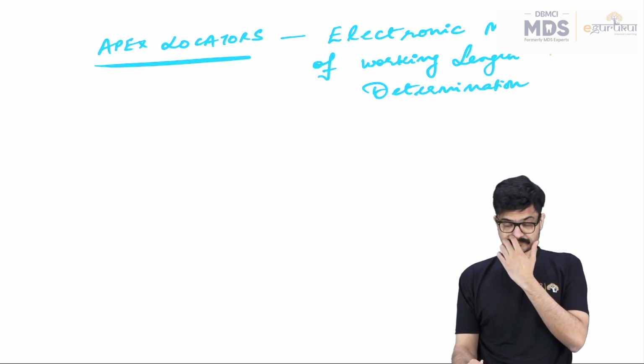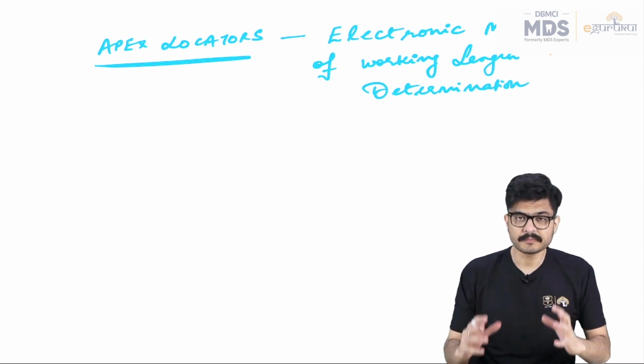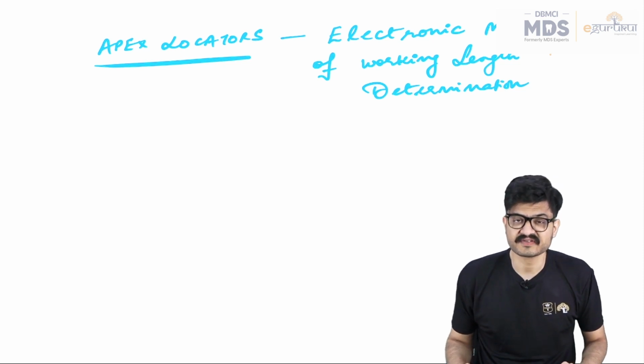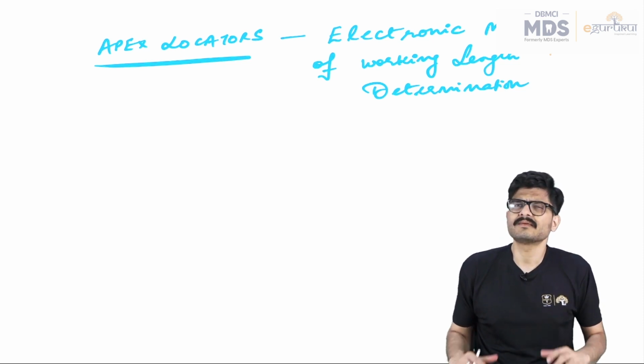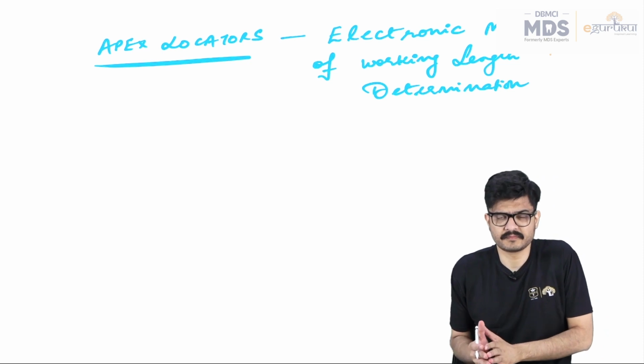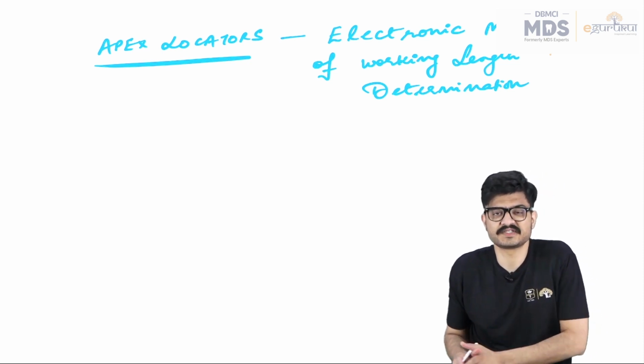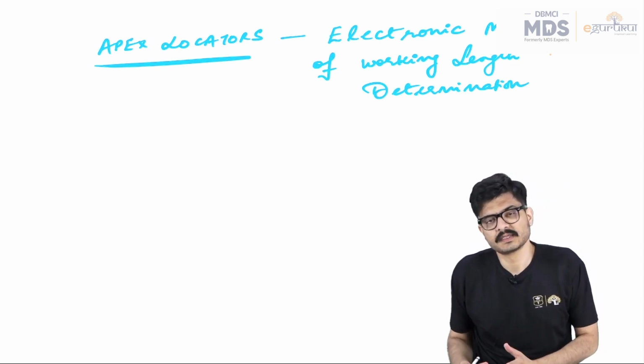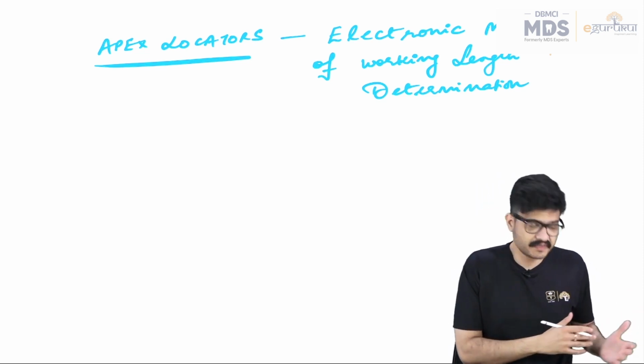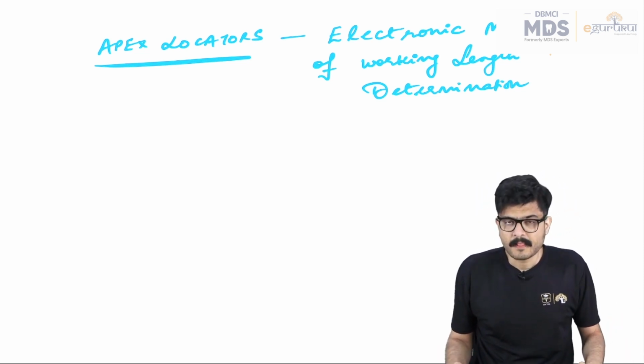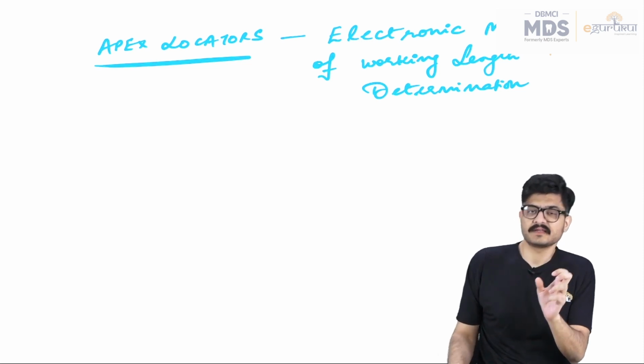Now, friends, first of all, we have to talk about the principle on which it is based. In general, irrespective of whatever advancements in apex locators have taken place in the previous 20-25 years, the principle is basically the same.